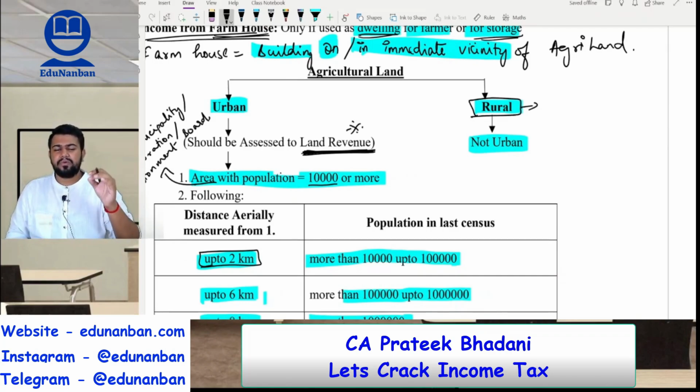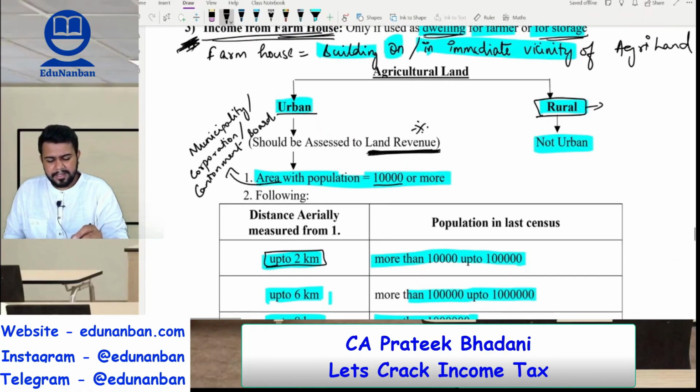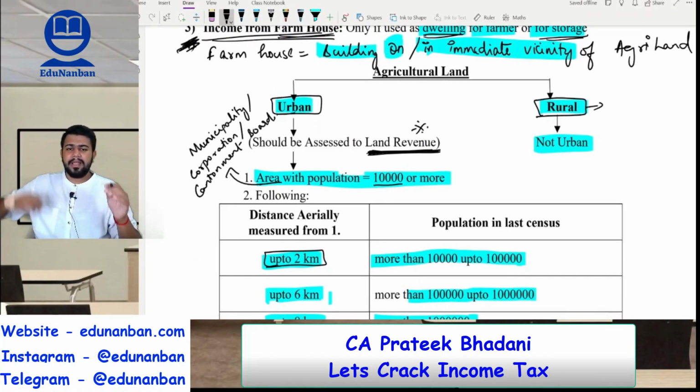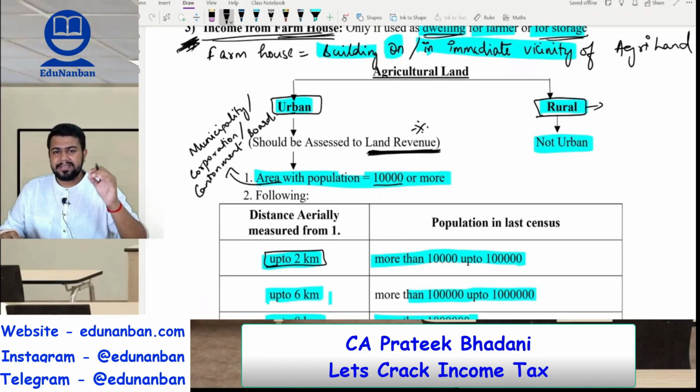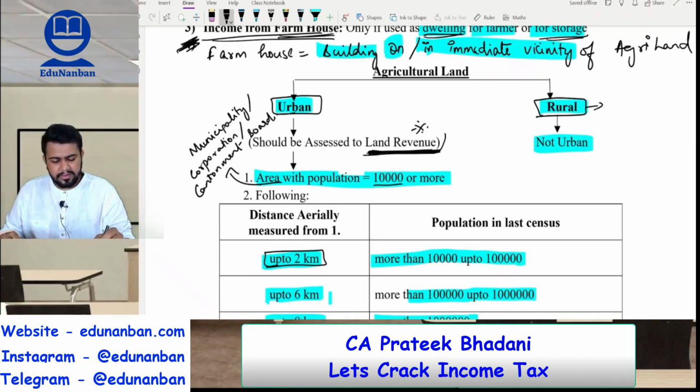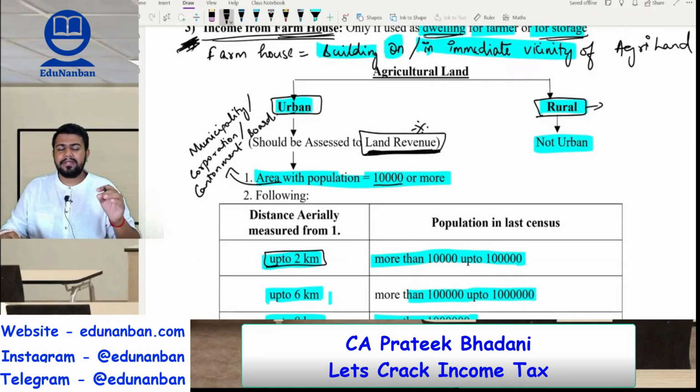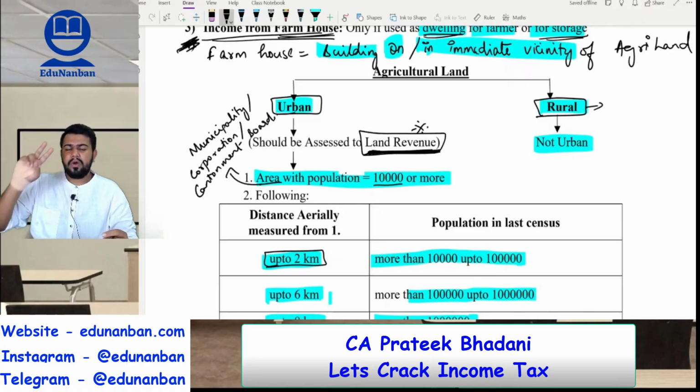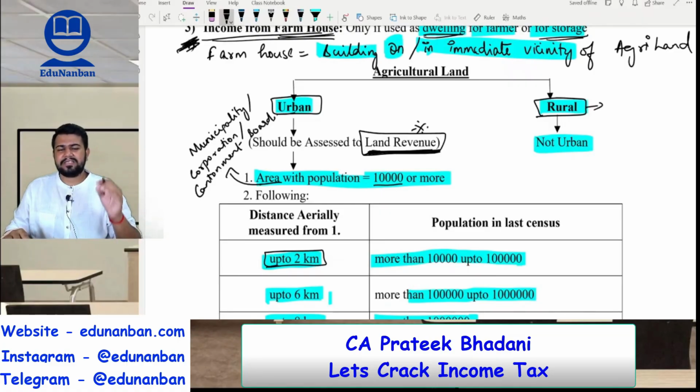Agricultural land in a rural area is called rural agricultural land. Then what is urban agricultural land? Any agricultural land which is in the urban area and it should be assessed to land revenue. Only if both the conditions are satisfied, it will be called agricultural land.